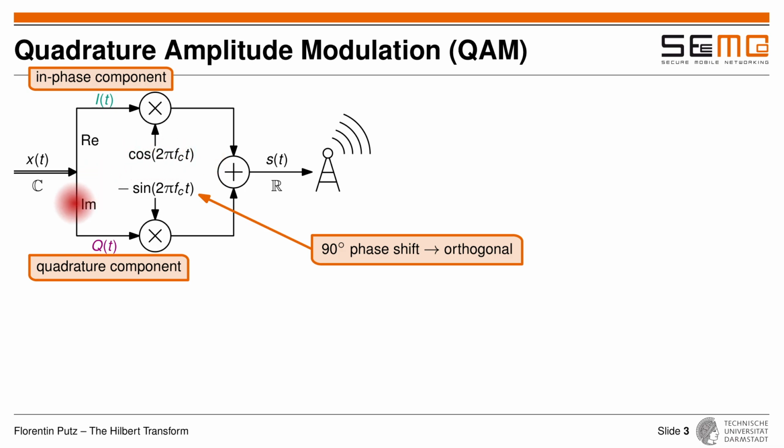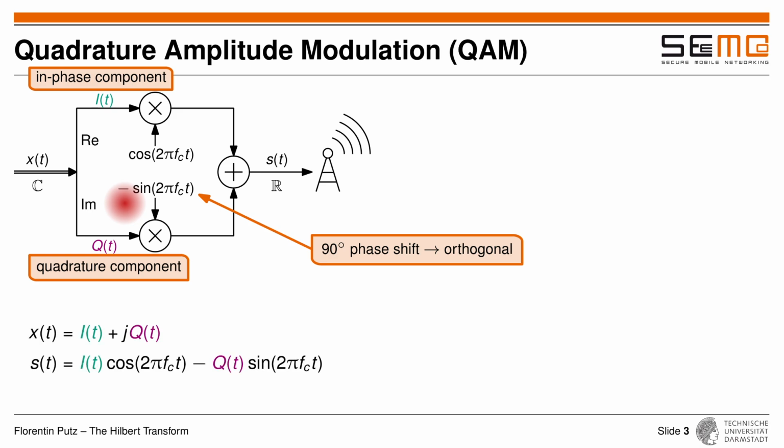And the imaginary component, let's call it q of t, will be the quadrature component. The reason is that the cosine is our in-phase component, because the I of t will modulate the cosine, and the q of t will modulate the quadrature component on the negative sine wave.